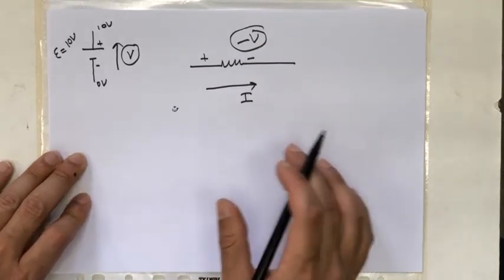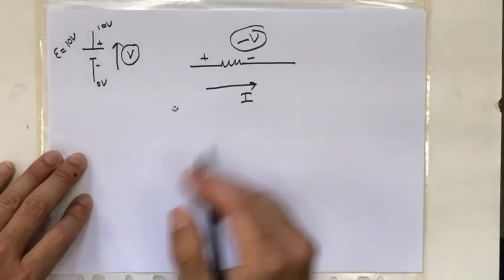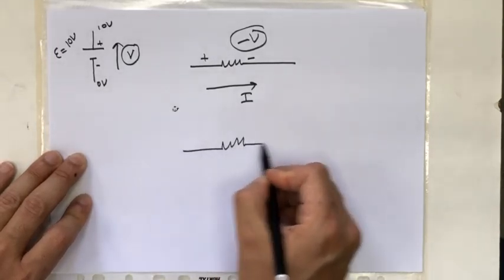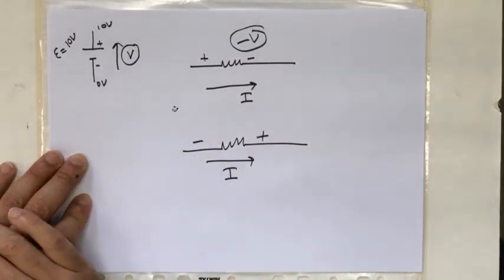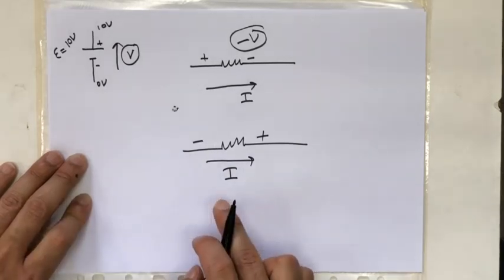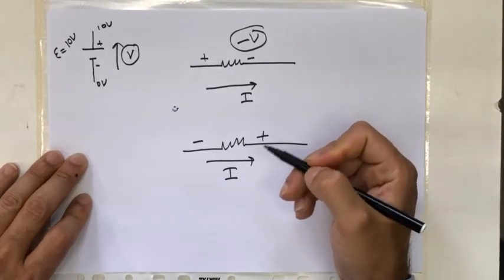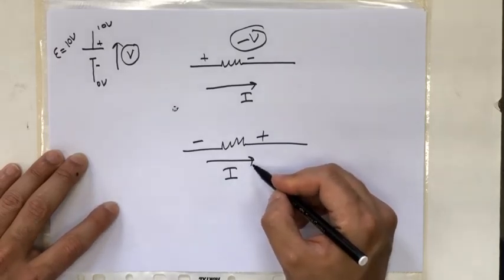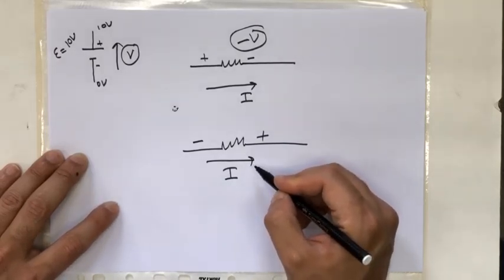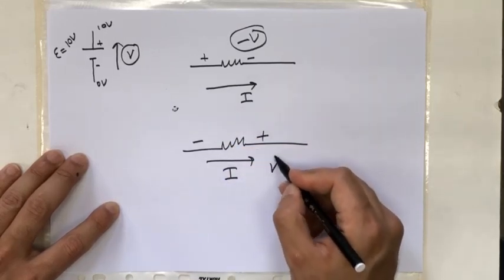Current is still flowing in the same direction, but now from low potential to high potential, like that. Since the energy of the charges is increasing, the resistor creates a voltage lift here, so we assign the potential difference across this resistor as a positive voltage.